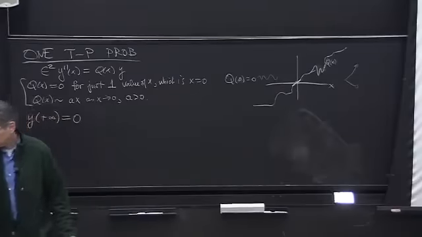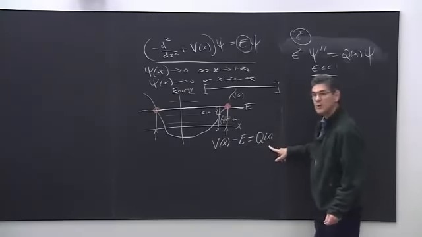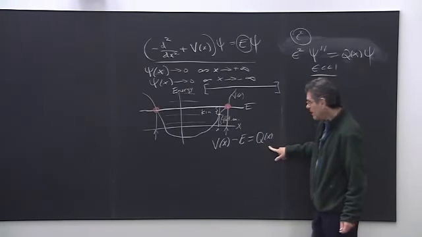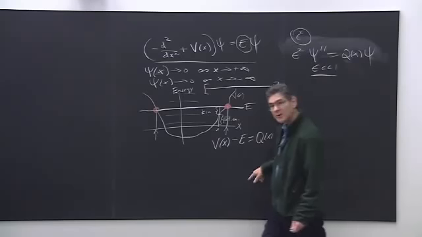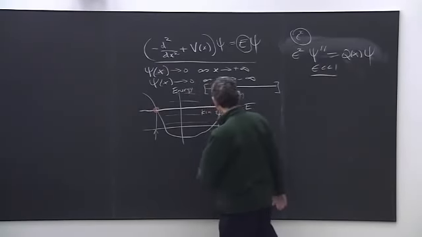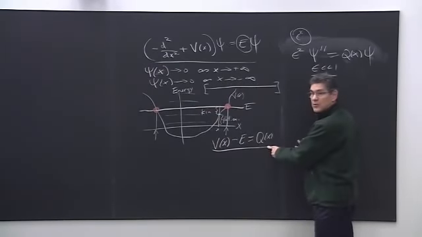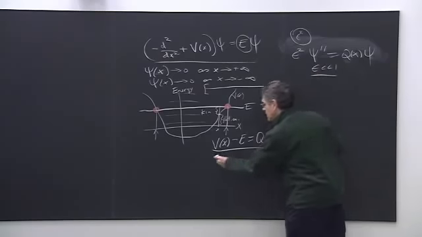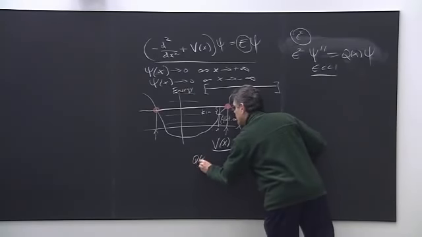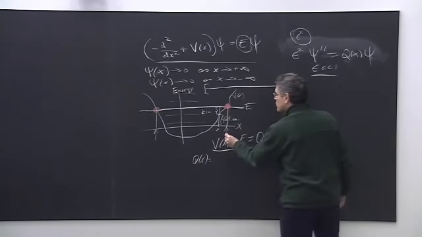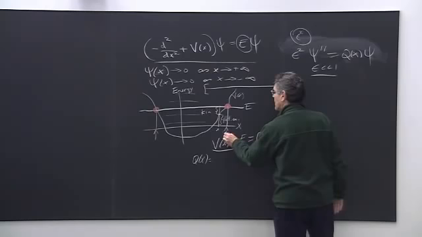Remember, we said this is the formula for Q. So let's just Taylor expand this. If the first term vanishes, let's call this point alpha over here.